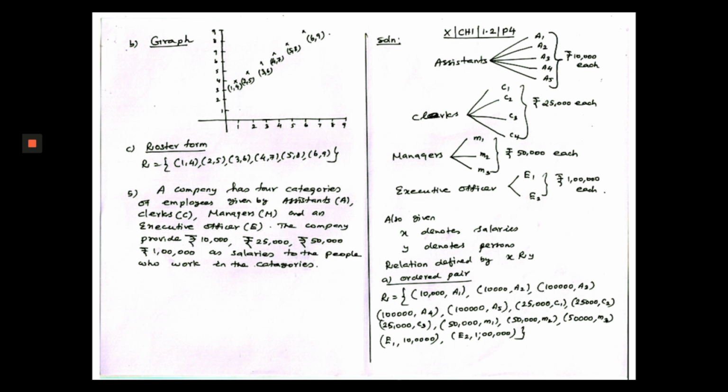Next, the graph. Similarly, the points (1, 4), (2, 5), (3, 6), (4, 7), (5, 8), (6, 9). Next, the roster form. All the elements in the form (x, y): (1, 4), (2, 5), (3, 6), (4, 7), (5, 8), (6, 9).